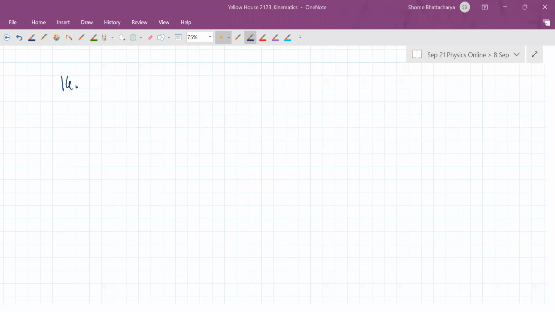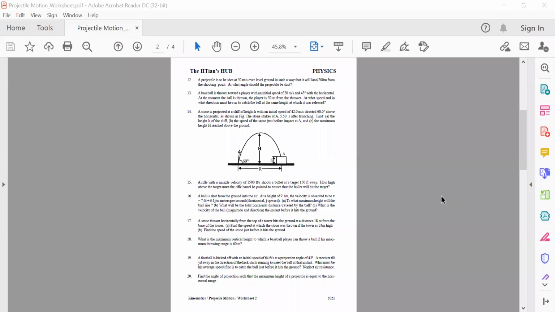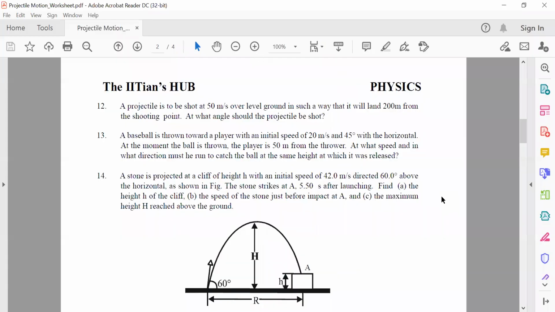Okay, so let's go through the question. A stone is being projected at a cliff of height h, with initial speed this much, at a 60-degree angle above the horizontal, as shown in the figure. It strikes the point A 5.5 seconds after launching.